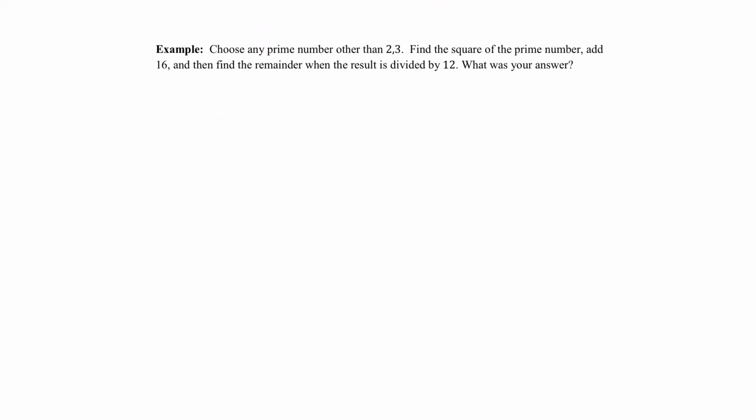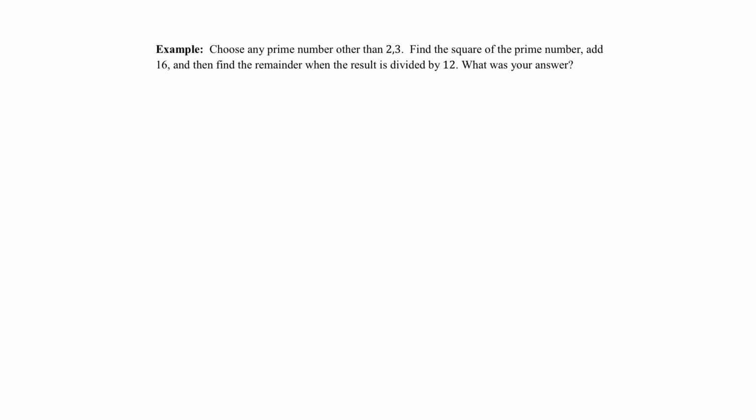Okay, so here's another activity to just help you find remainders. You can try to do it by hand, or you can use a calculator if you really want to. So this will give us some good practice. Reading through the problem, it says choose any prime number. So we have to remember back to what prime numbers are. 2, 3, 5, 7, 11, 13, and so on.